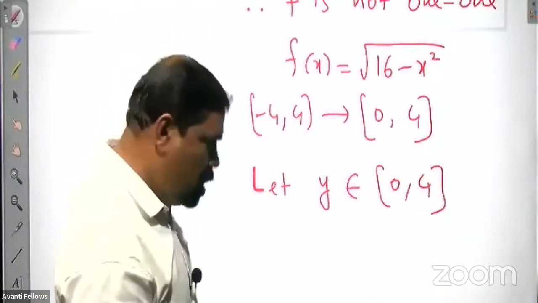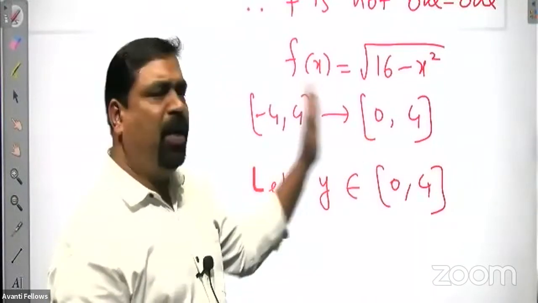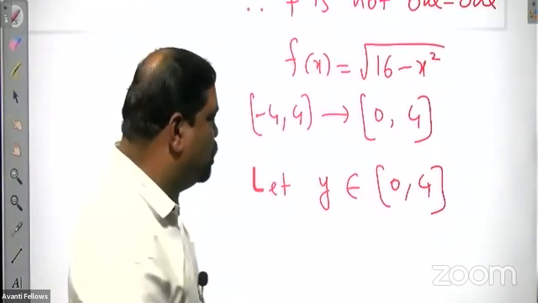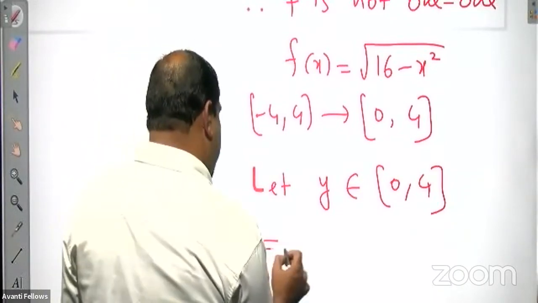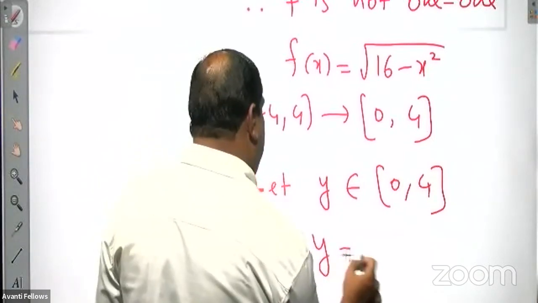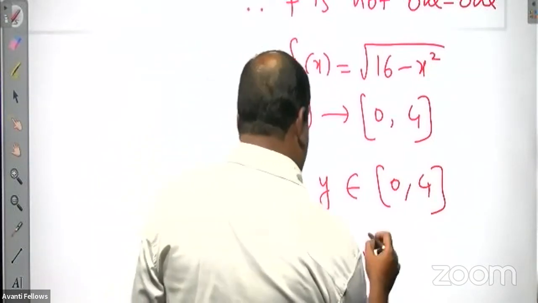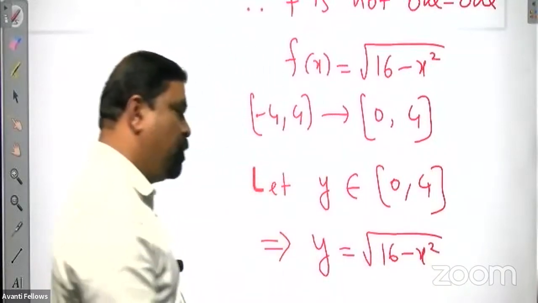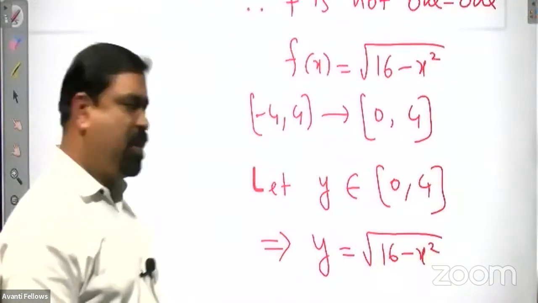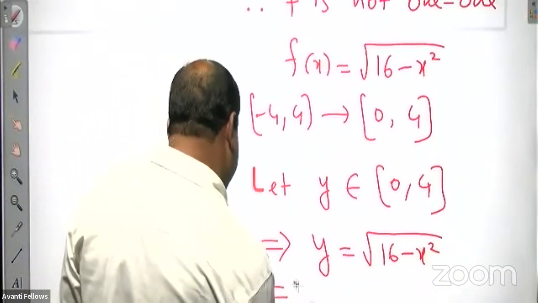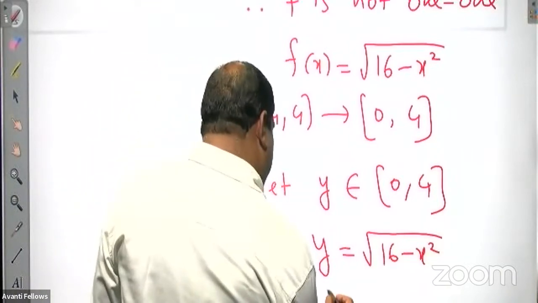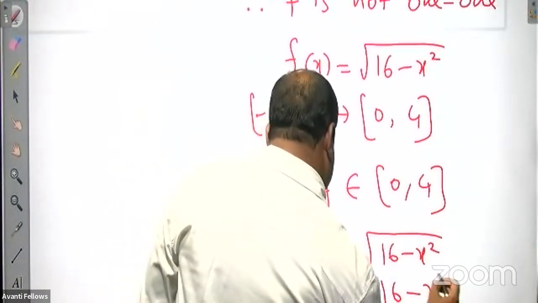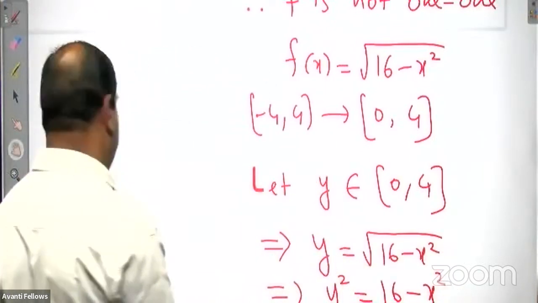Then we have to prove that for this y, there exists a pre-image in the interval -4 to +4. So y must be equal to root of 16 minus x square, which implies y square is equal to 16 minus x square.